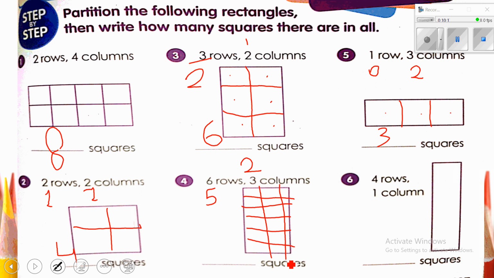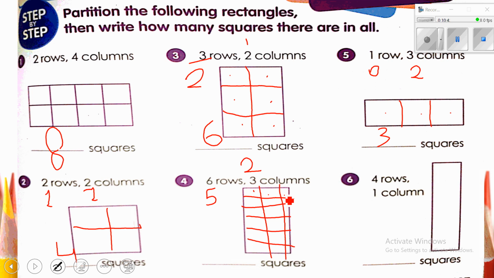Teacher, let's make an easy way to count these squares without counting all of them, by using multiplication. I know that you hate multiplication, but it makes us smarter. Let's see the first row. It's 1, 2, 3.